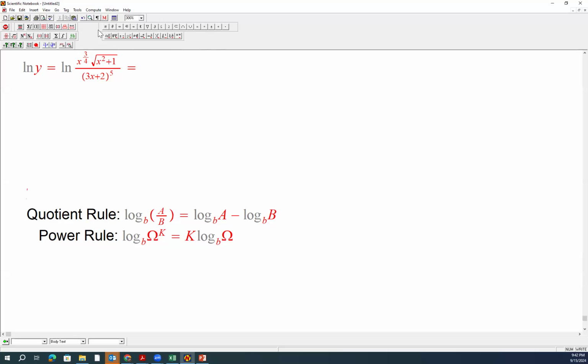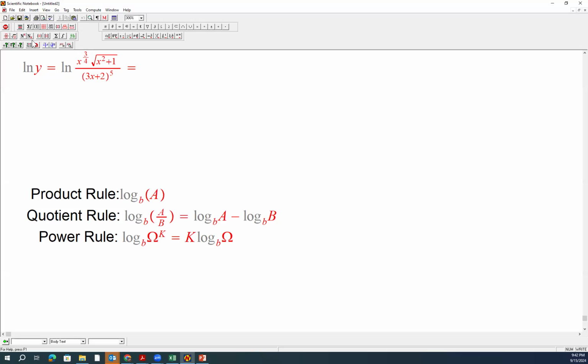The product rule is about a product: log base b of A times B equals a single logarithm on A plus a logarithm on B, but instead of subtracting as in the quotient rule case, we're adding.